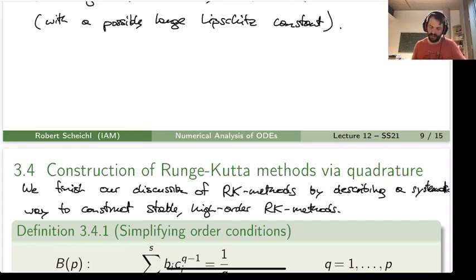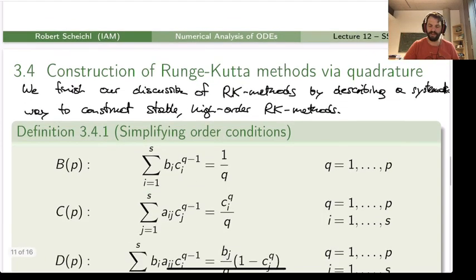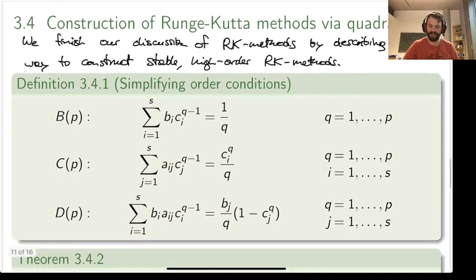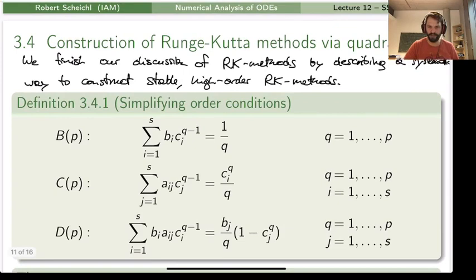And the order conditions were quite involved, and we saw that they increased and increased over the levels. And so one way of making progress was by people defining so-called simplifying order conditions. These are order conditions that are sufficient but not necessary.